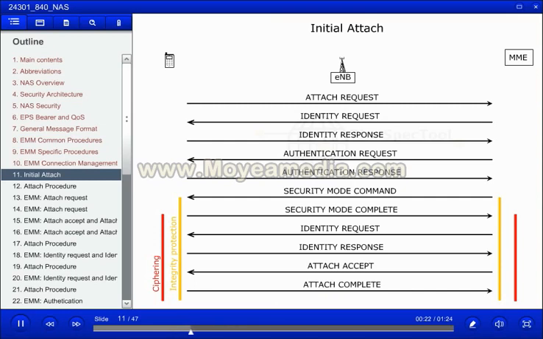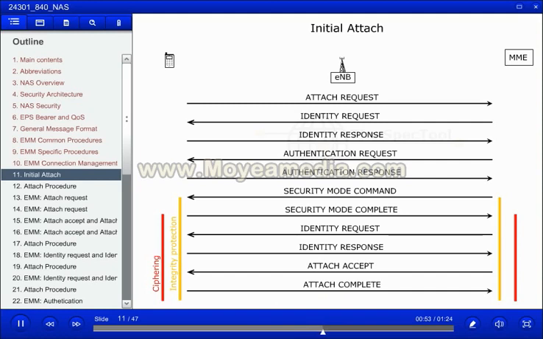The PDN type will specify if an IPv4 or IPv6 address or both should be used. From which PDN gateway the IP address shall be allocated is specified in the access point name. Both these parameters are something that the end user can influence.